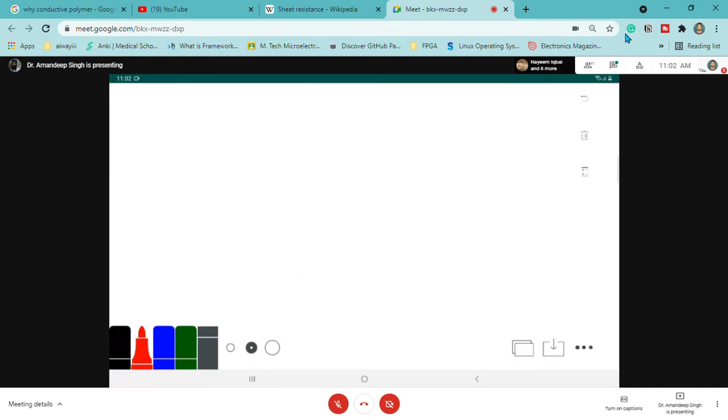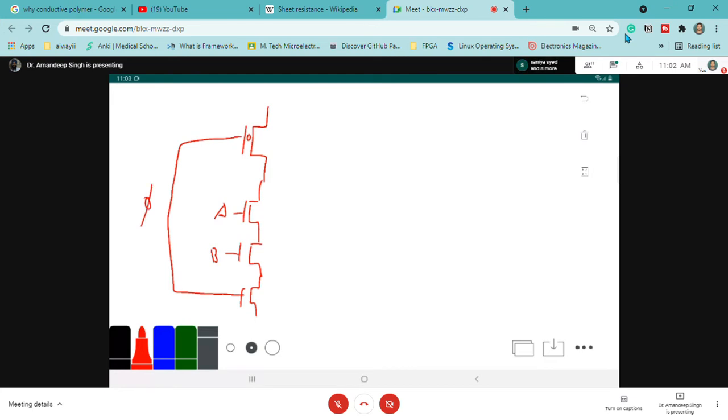So if I just take A into B, this is basically pre-charge and evaluate, which is phi. So A into B, but it is bar basically.